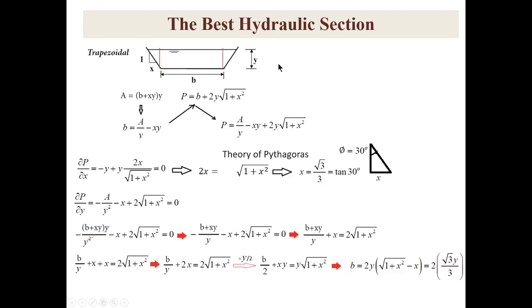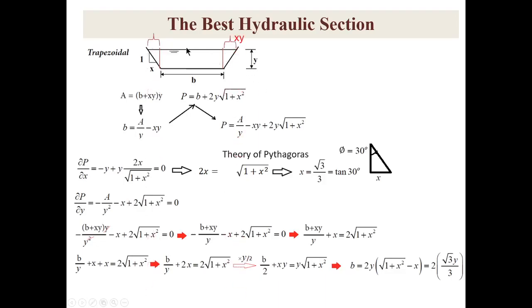To calculate it, we should know the lengths of the sides, and then we can add these lengths with the bottom width, which gives us the wetted perimeter. Like the previous course, we should first calculate area. Then we know that area is constant, so we can simplify the function of wetted perimeter when we take its derivative.